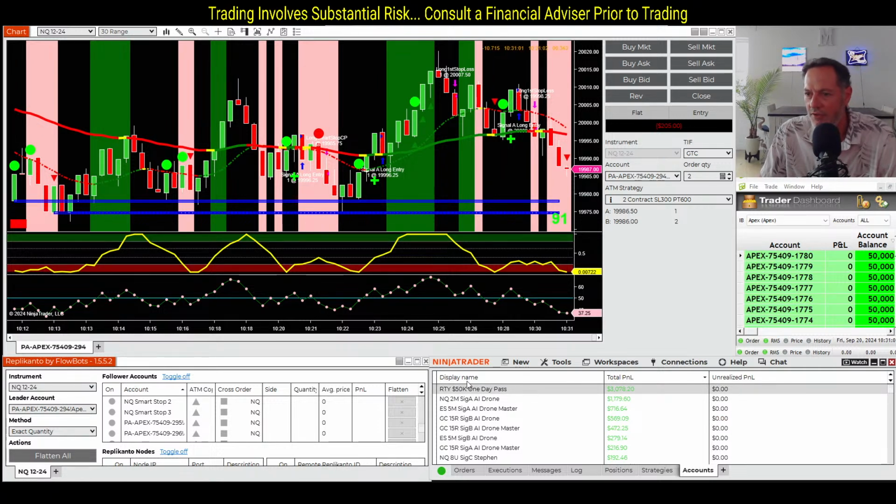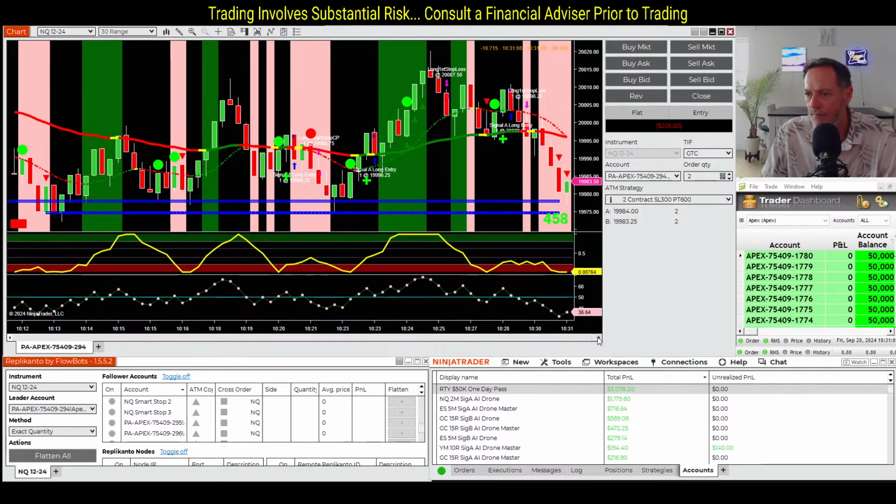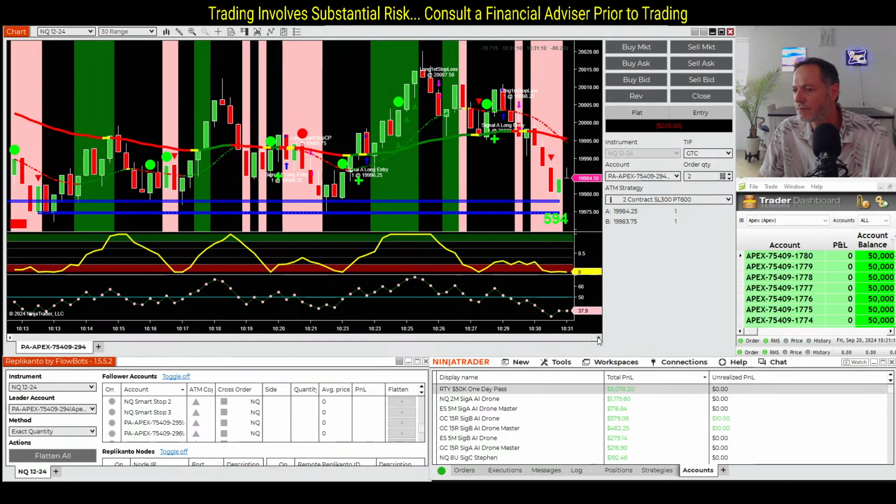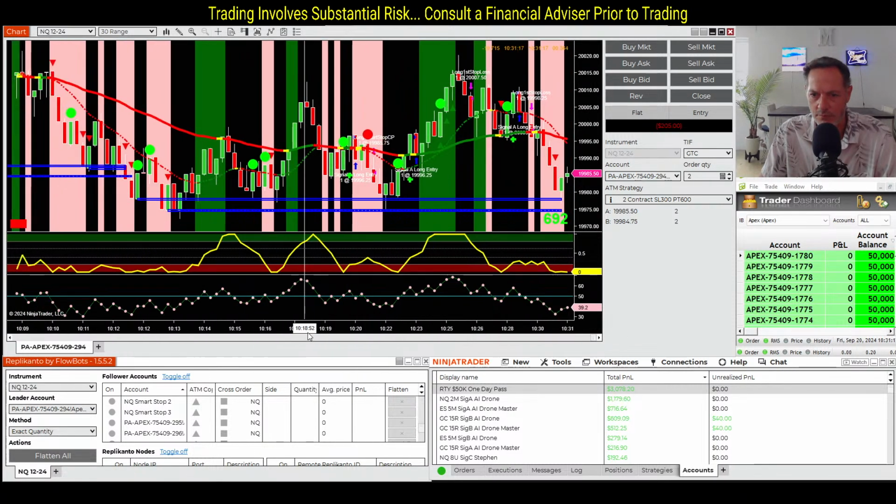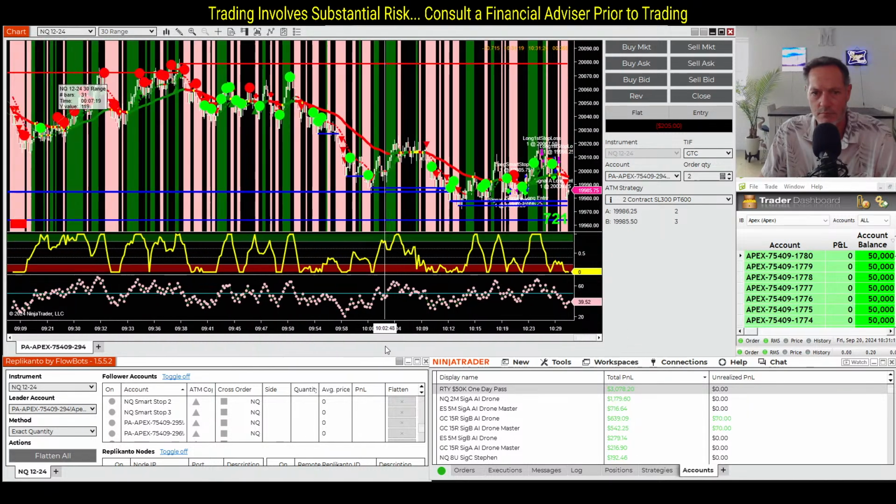We had a nice trade, and then it progressed up about, I think, 1,500 or so, and then came back. So yeah, this is really low volatility here.